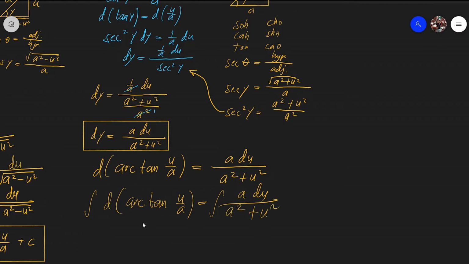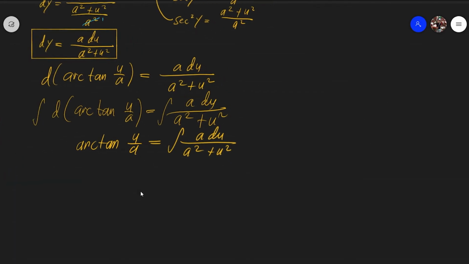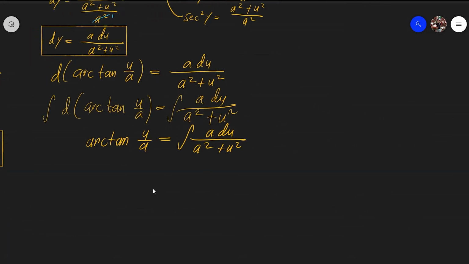So this will just cancel out, and you will have the arctangent u over a equal to the integral of a du all over a squared plus u squared. Now, let me just rearrange this function.